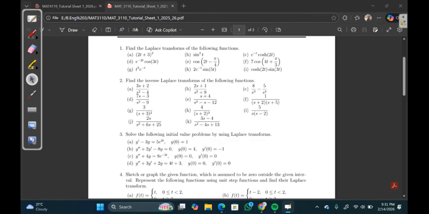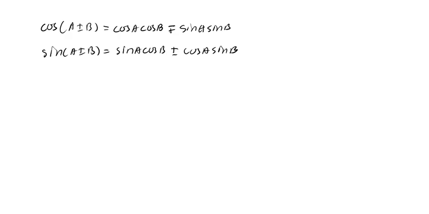So inverse Laplace transforms are just the exact opposite of what we have just been doing. If you are looking for the Laplace transform of f of t, this is just going to give you F of s.